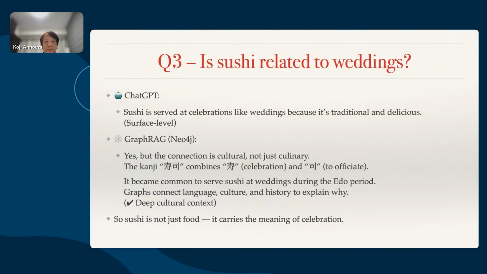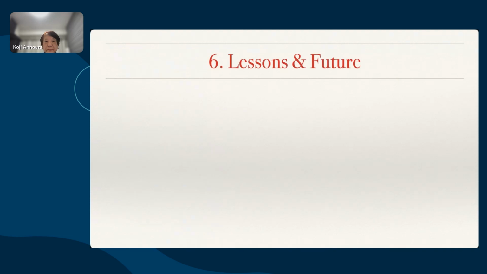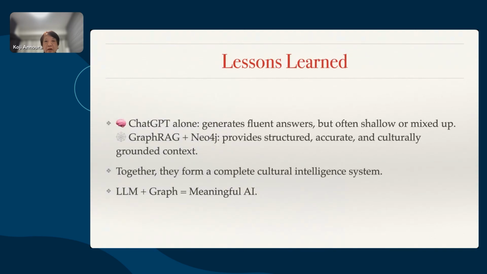The graph connects language, culture, and history, and explains why. So sushi is not just food. It carries the meaning of celebration. That's not a correct answer from VectorRAG, I think.